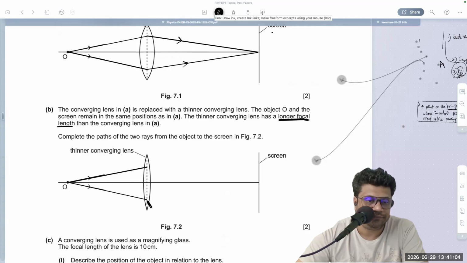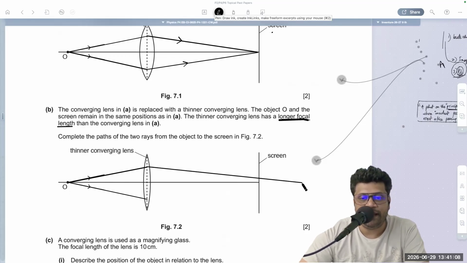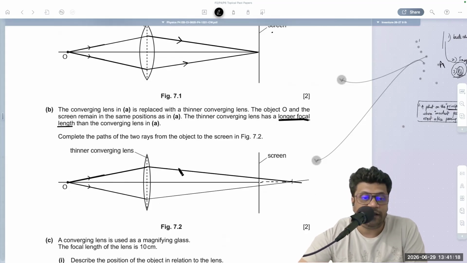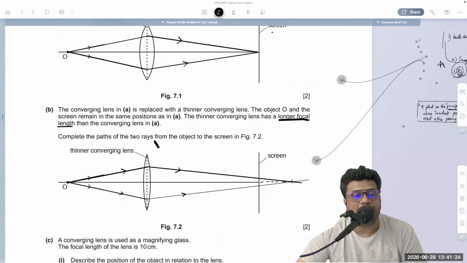That's where the rays are going to meet, and that should be seen in your sketch. Complete the path of the two rays.